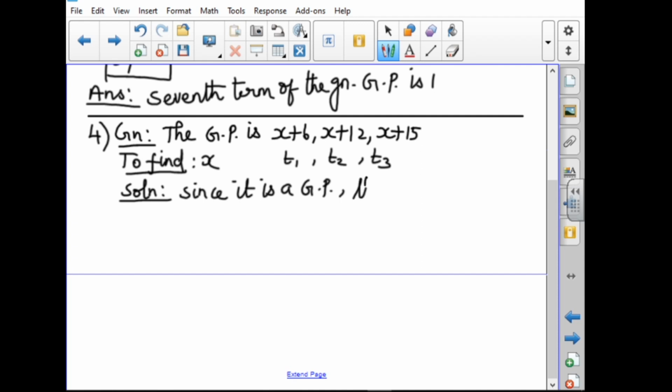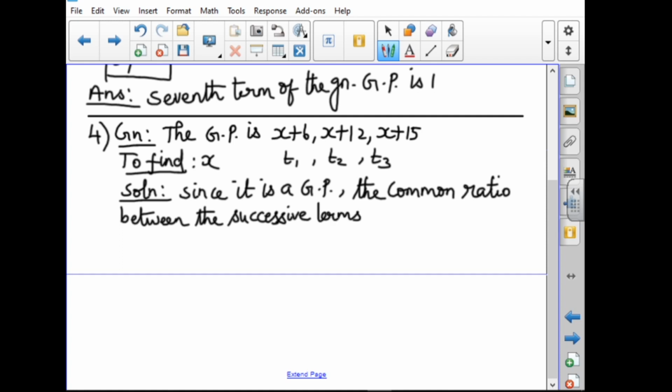So since it is a GP, the common ratio between the successive terms are equal. That is R equal to T2 by T1 equal to T3 by T2.